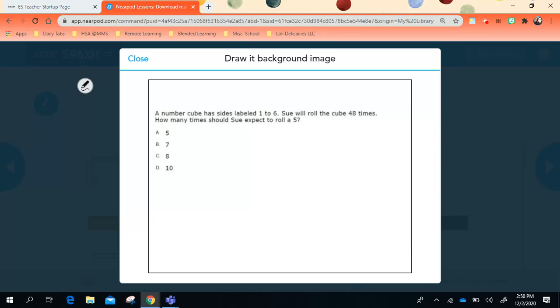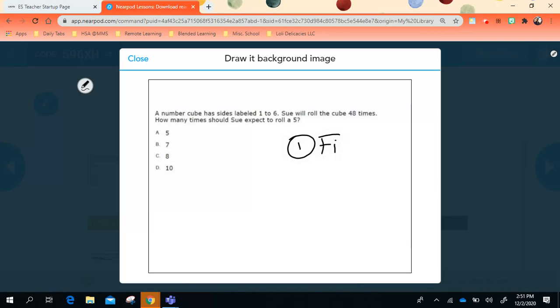Okay, so the only difference between this problem and the problems we were just working on is what is added in there? What else is it telling us? That we're going to do what with that cube? We're going to roll it 48 times. So for our first step, we're going to ignore that piece of information.